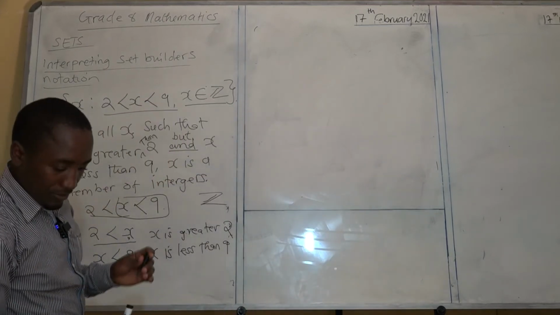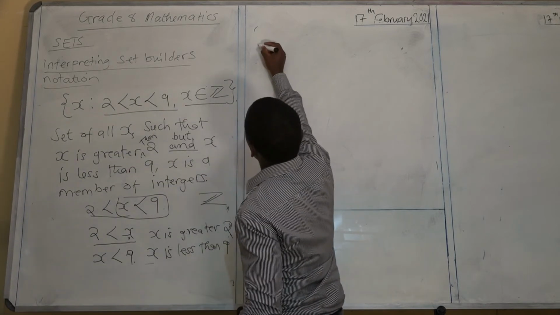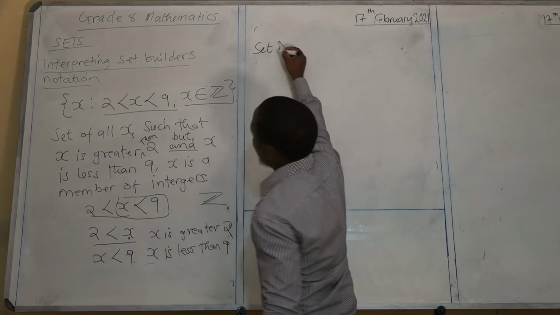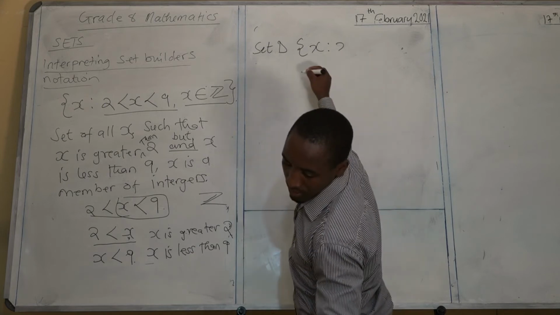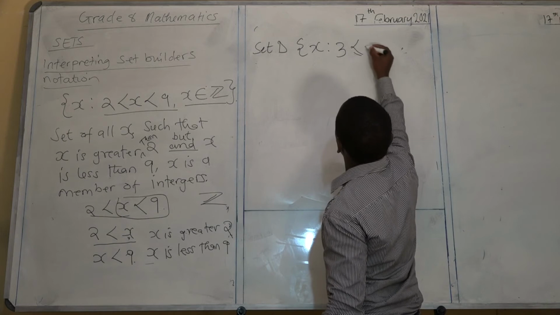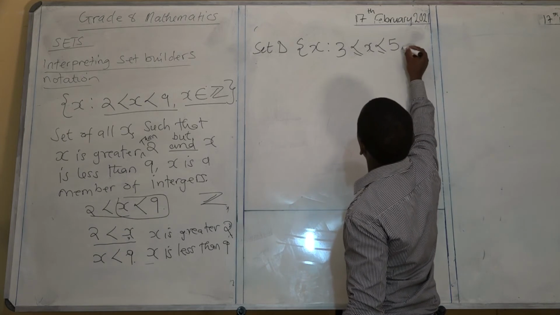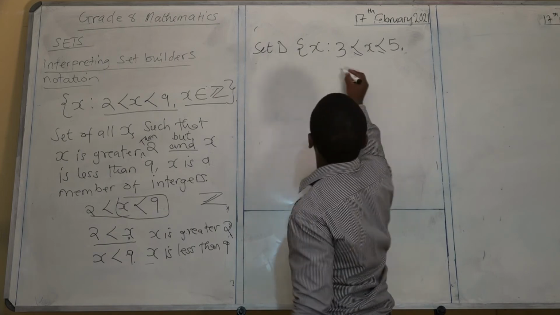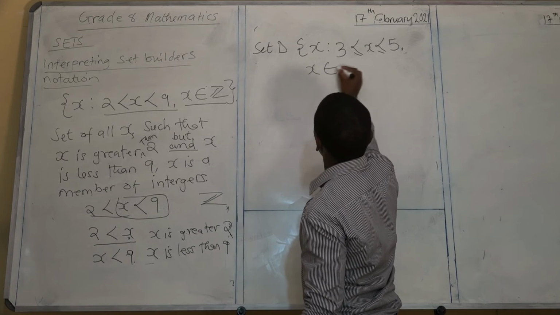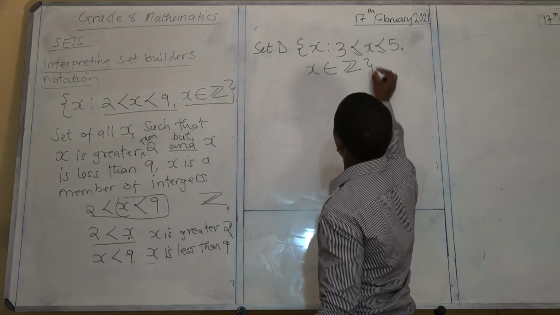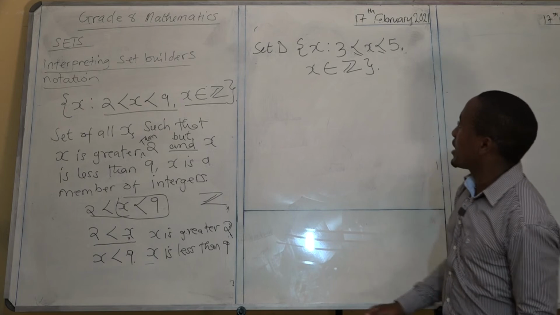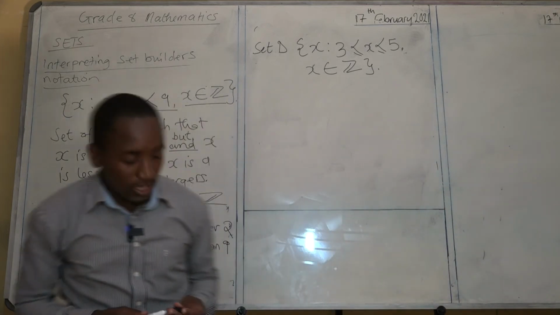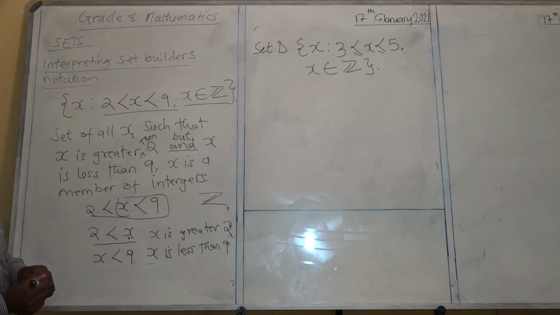Let's take, for instance, set D. Okay, so we have set D, and in this set we are saying x is such that 3 is less than or equal to x, and x is less than or equal to 5.